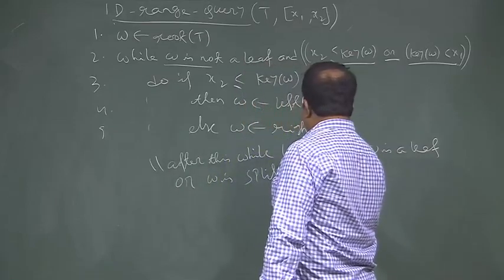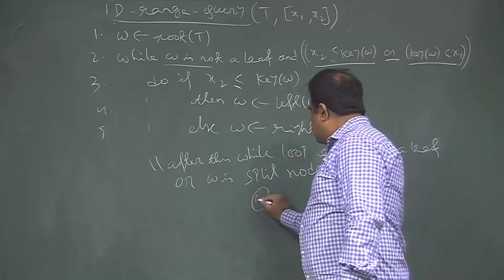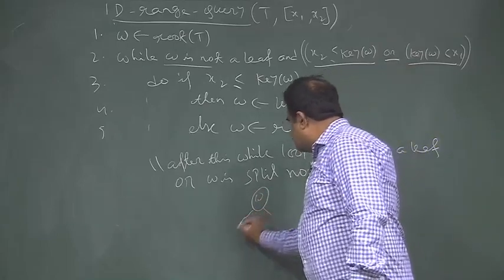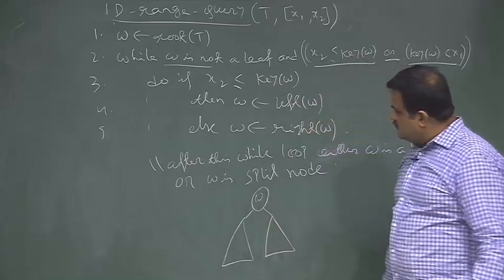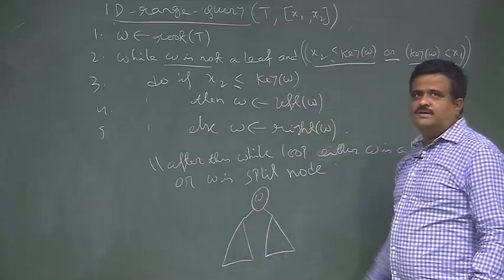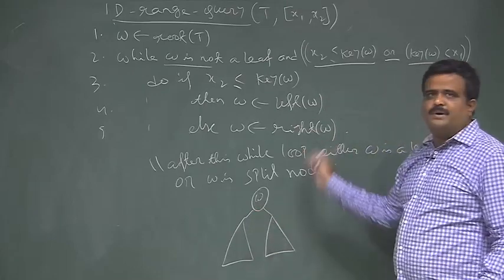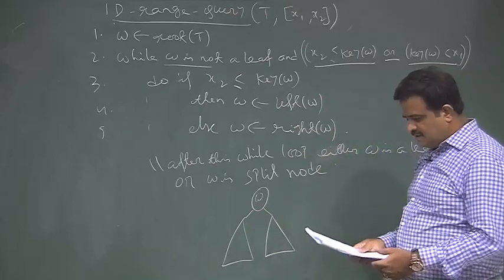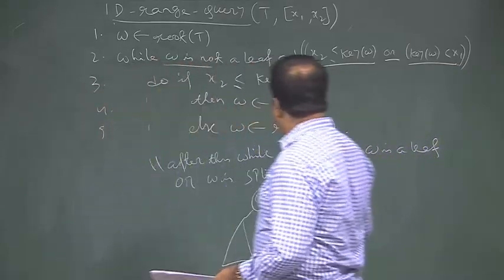If it is a split node, then we know something is interesting here and something is interesting there. So we will traverse both ways. But in the algorithm we will show only one part, the right one, and the left part is similar. So let us write this.